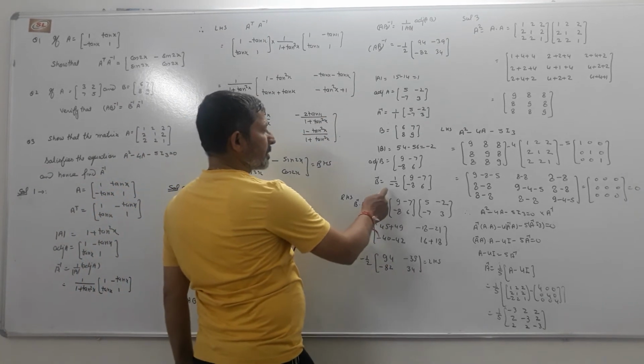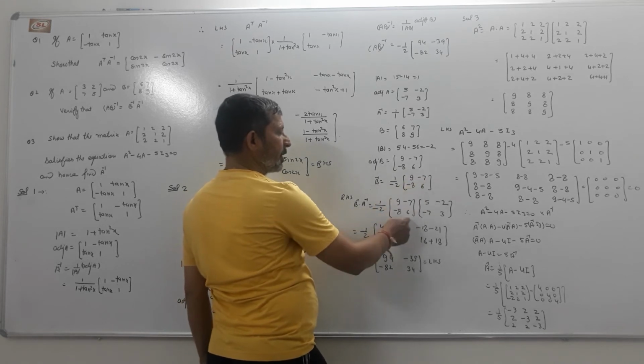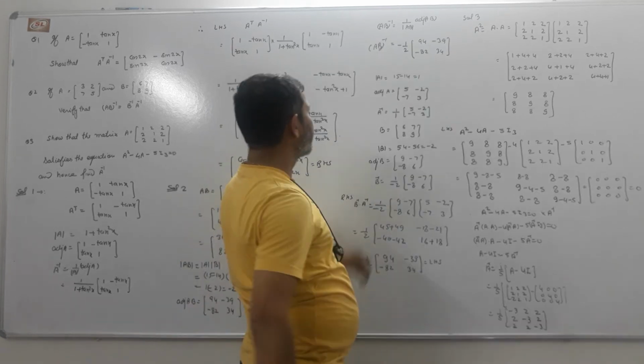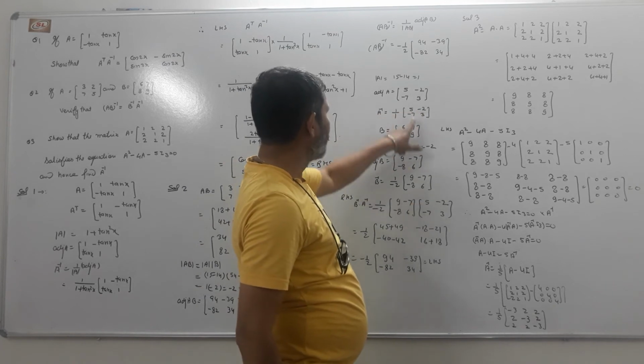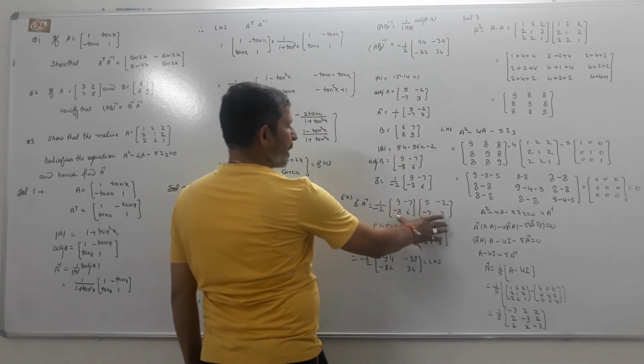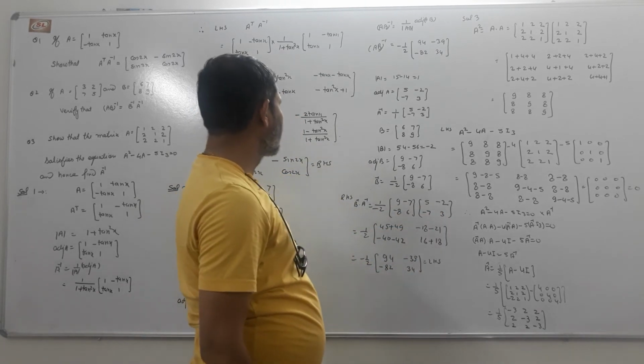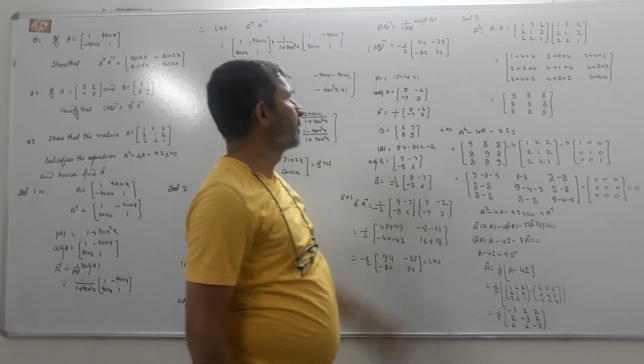B inverse is minus 1 by 2 times 9, minus 7, minus 8, 6. And A inverse is 5, minus 2, minus 7 and 3. Minus 1 by 2 as it is. Now we multiply these two matrices, and we get this part. And now we check that this is also equal to the left hand side.